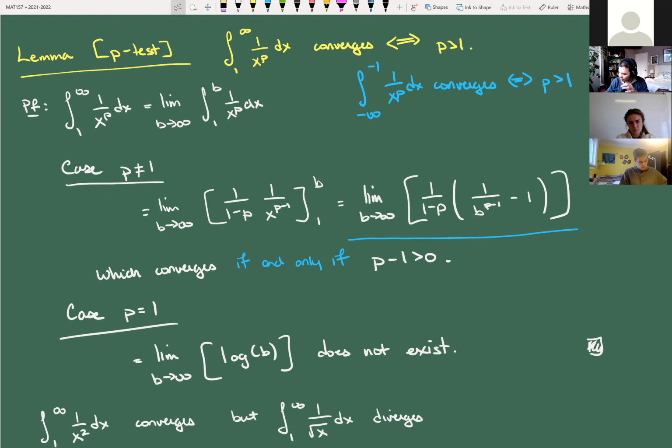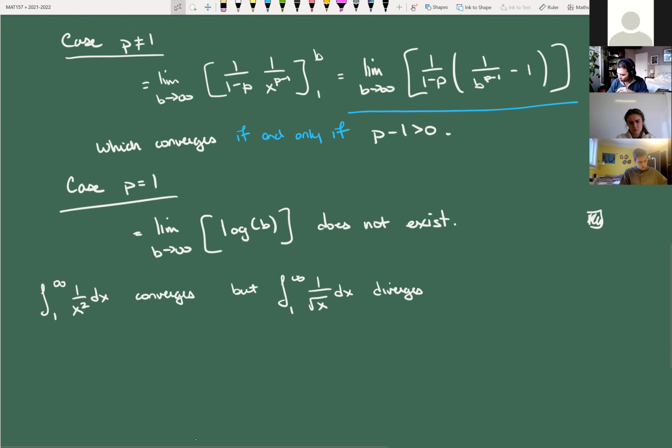So if I look at this expression, I can do something like the integral from 1 to infinity of 1 over x to the, what do I want? 1.0001, right? Or any real number that converges, right?